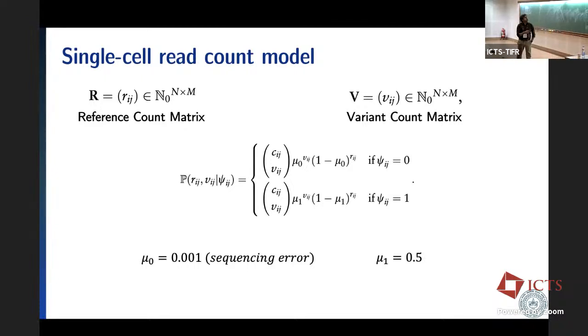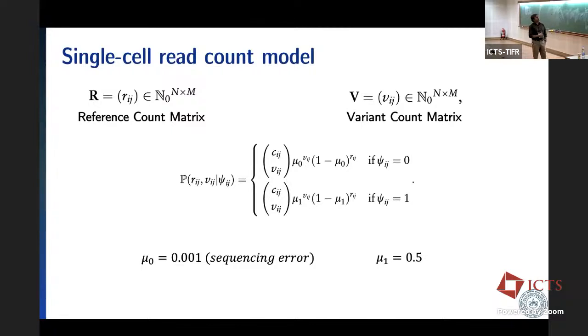Now we know that the reference count matrix and the variant count matrix should depend upon the genotype after amplification, because that was the data generation process itself. So the probability of Rij, Vij given psi ij is a conditional probability distribution that we have to define. Because these are count matrices, we can simply define them using a binomial distribution.